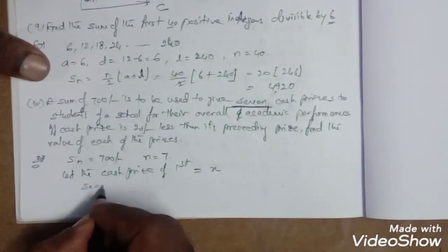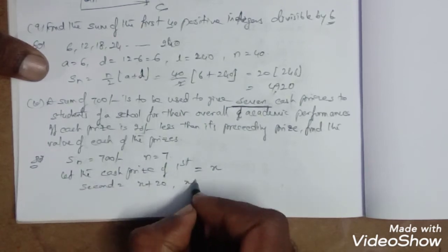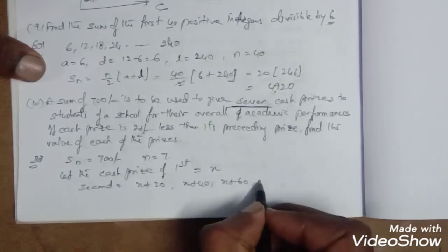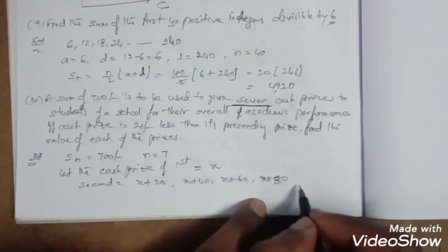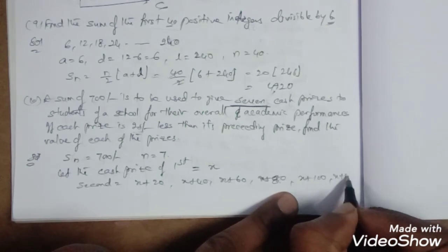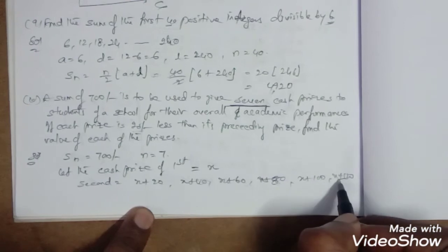So second will be x plus 20, third will be x plus 40, fourth x plus 60, fifth x plus 80, next sixth x plus 100, next x plus 120. So total here 1 2 3 4 5 6 7 cash prizes, right?